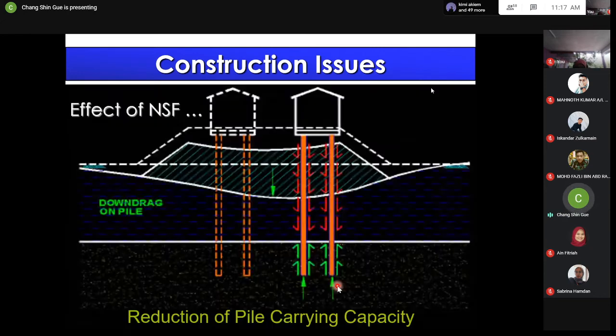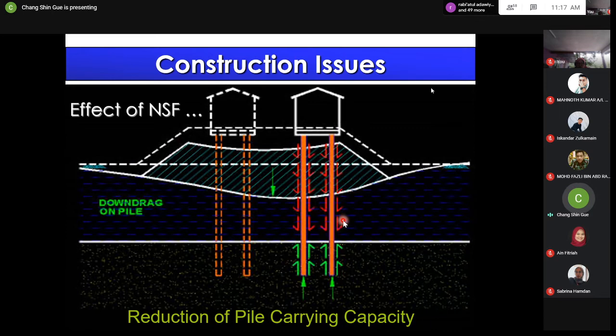Just to illustrate what is meant by negative skin friction. Typically for piles, the soil gives you the resistance that you see here, the green arrows. That is a normal condition. But if you have a layer of soft ground here, and you add load on top of the soft ground, the soft ground will consolidate or compress, and once it compresses, it actually pulls down your pile.